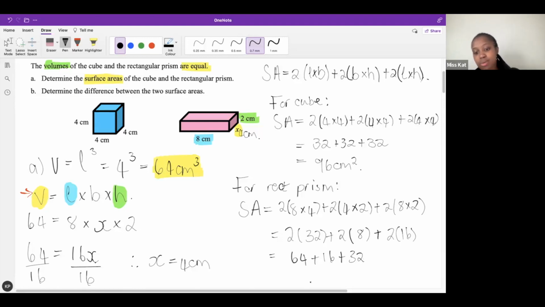I want you guys to tell me what the surface area for my rectangular prism is. Let's check. We're getting 2 different answers. 112, 128, another 112 centimeters squared. The unit is definitely correct. 112 centimeters squared.